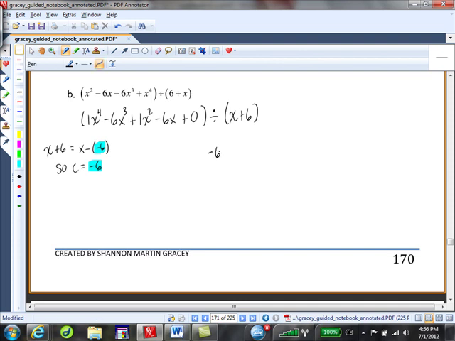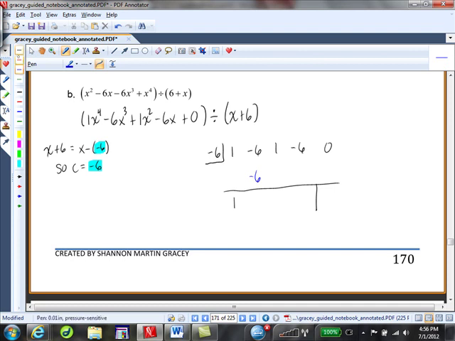All right, so we'll come over here and we'll write our C, and then we're going to do our coefficients. 1, negative 6, 1, negative 6, and then 0. Leave space for our second column. Figure out where our remainder is going to go. This 1 comes immediately down. And then again, we do the 1 times negative 6, and we're going to put the result there.